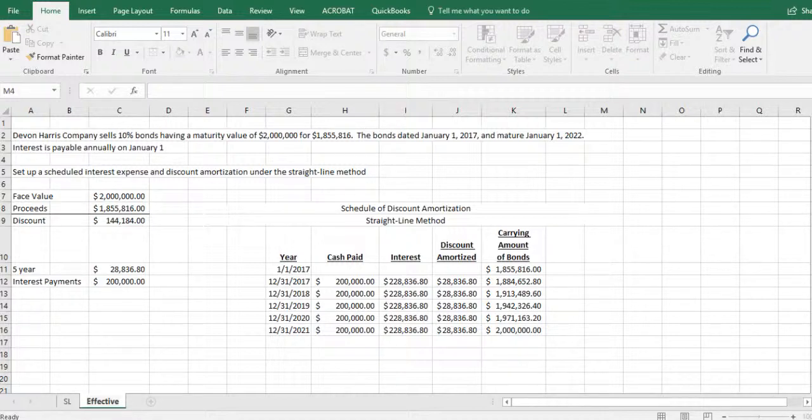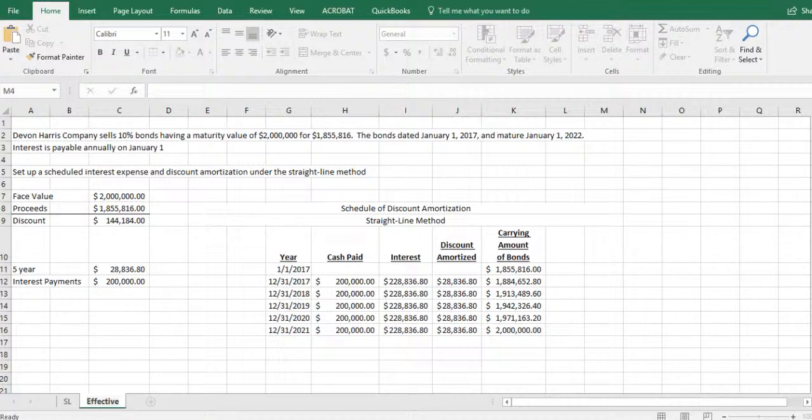To determine the effective interest rate, you basically have to do this through trial and error using table 6.2 for the discounted value of the principal of $1,134,860 and 6.4 for the discounted value of the interest of $720,956. The proceeds of those two equal $1,855,816.